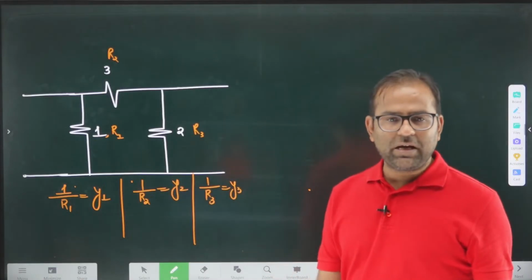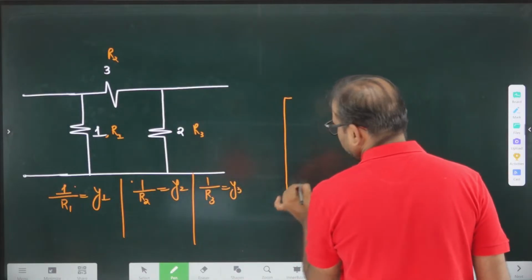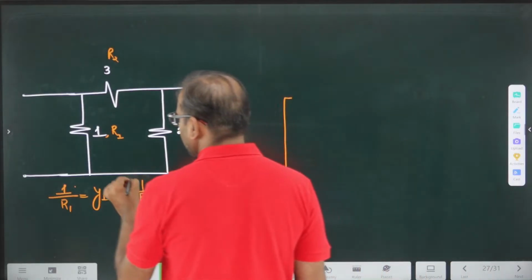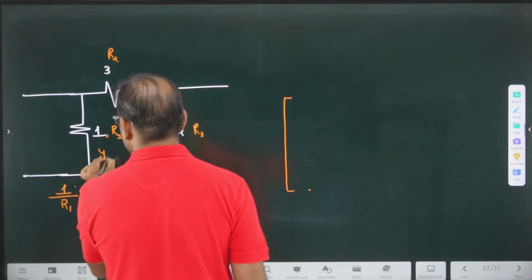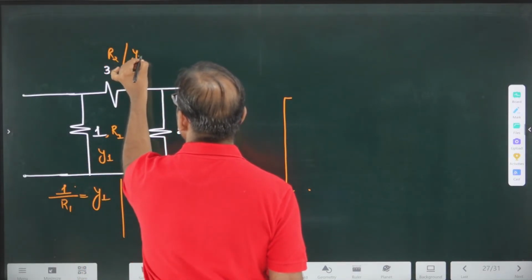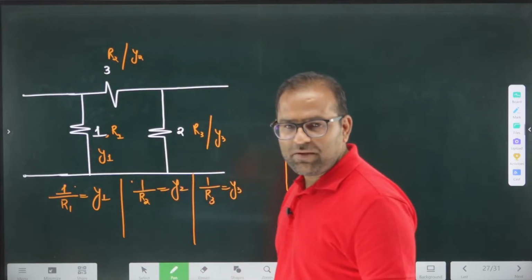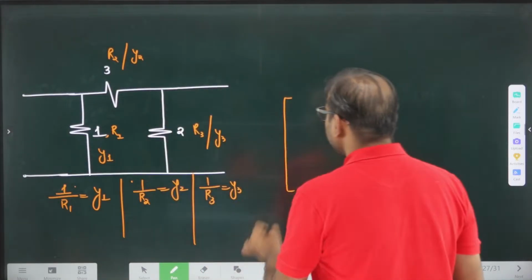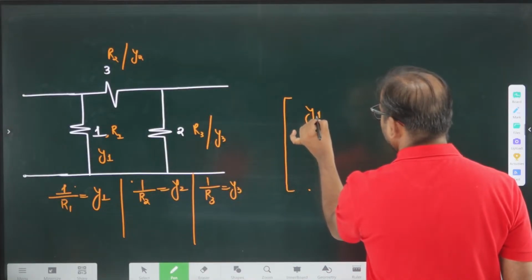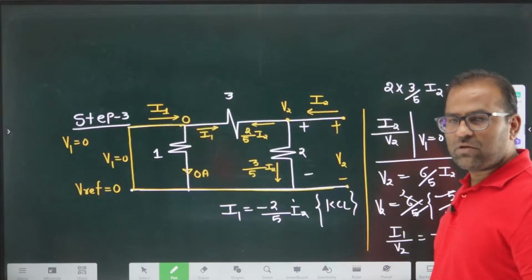Now how can you write the Y parameters? It's very simple. If I am calling them Y1, Y2, Y3, how do you define Y11? Very simple. Y1 plus Y2 is Y11. Just check your previous case.